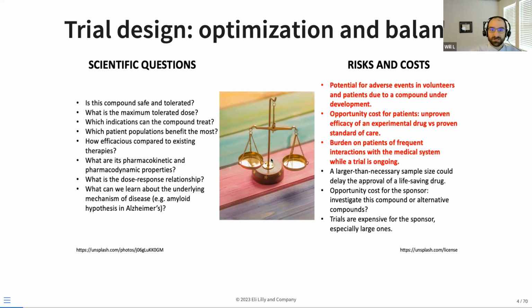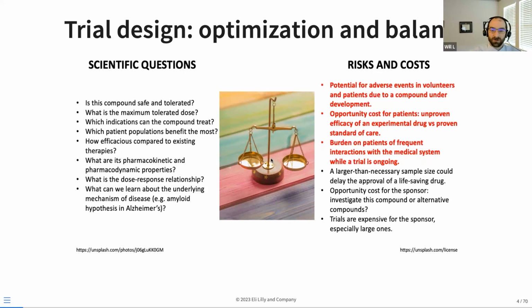Under what conditions can this compound provide benefit? What indications can this compound treat? Which patients can benefit the most? How efficacious is this compound compared to existing therapies? As well as questions about PK/PD, dose response, and the underlying mechanism of disease.